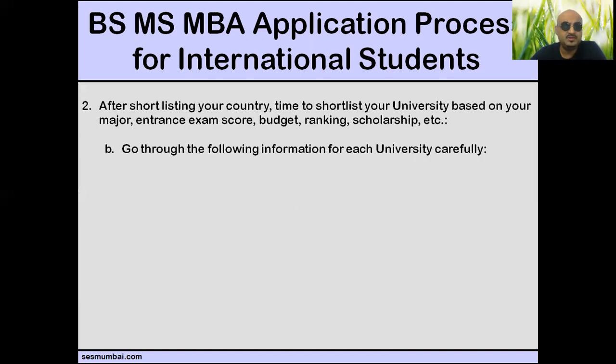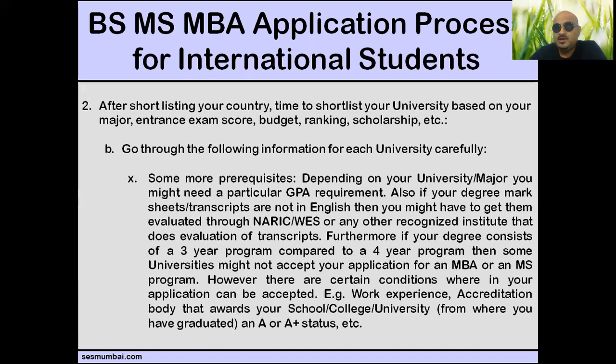Some more requisites. Depending on your university, you might need a particular GPA requirement. Some universities will not take you in if you've got a GPA of below 3. For example, in America, the GPA is out of 4. So if you get anything less than 3, some unis will not accept you. So go through the GPA requirements.